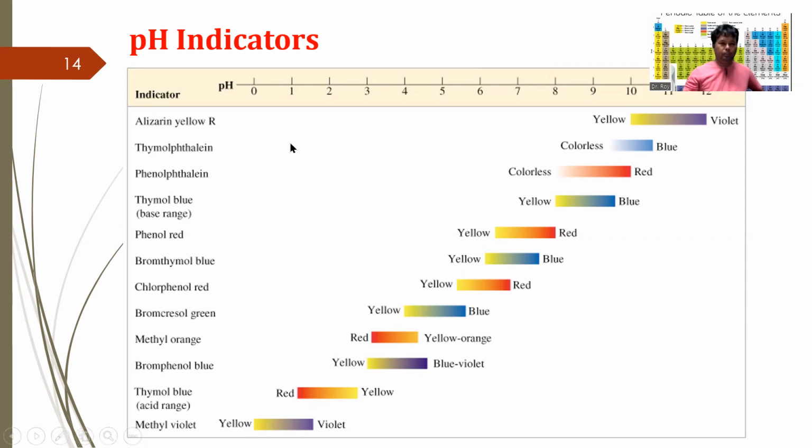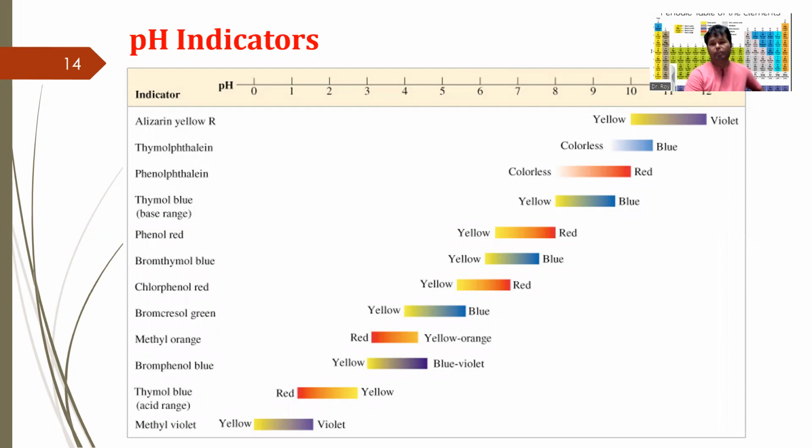So if you have these types of indicators and you dip them into your solution, then you can have an idea about what the value of the pH would be. When we add a specific indicator to a solution, we observe a certain color.